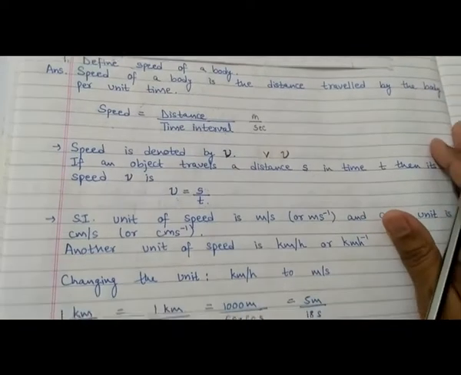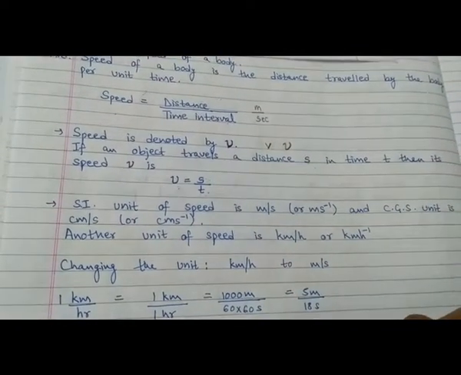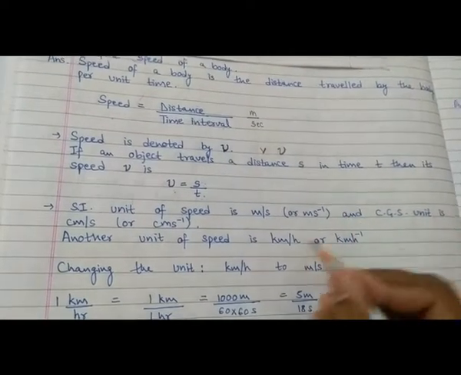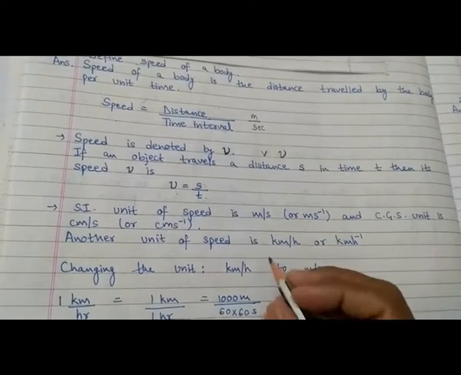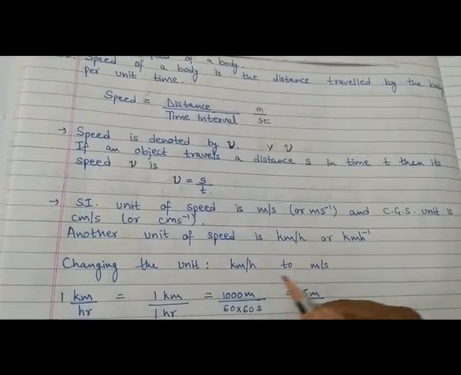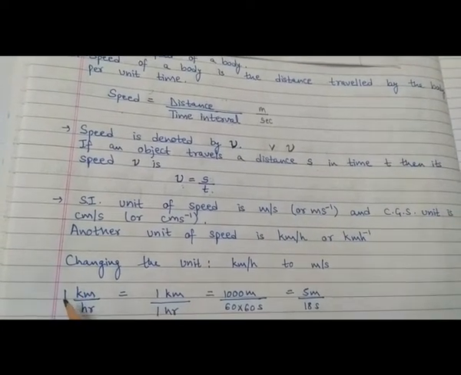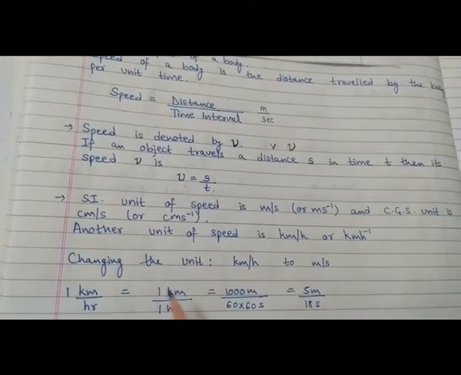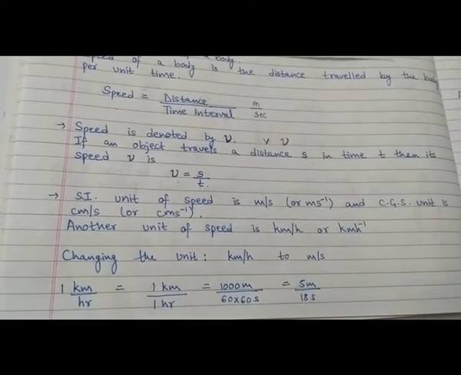Now, if kilometer per hour is given, then how can you change it to meter per second? If the speed is given in kilometer per hour, then how can we change it to meter per second? See, 1 kilometer per hour can be written as 1 kilometer upon 1 hour, isn't it?